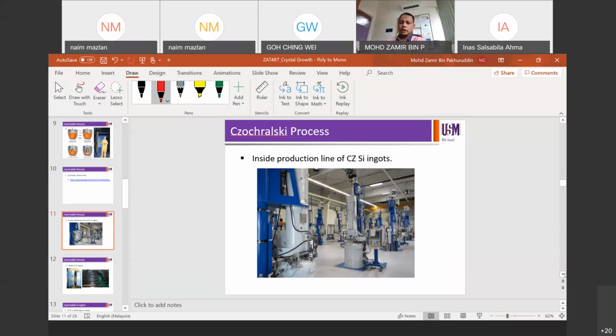So if you talk about industry punya scenario, usually ingot punya factory ni is part of the wafer fab. Maksudnya kalau you do all the integrated circuit fabrication in one particular company, then usually the ingot growth is done by somebody else. So maksudnya dia punya supply chain tu, there'll be an ingot growth company as your supplier, and then kalau you are one of the QA engineers in a wafer fab, then you'll probably be looking at the quality of the incoming wafers from one supplier who fabricates the silicon wafers.